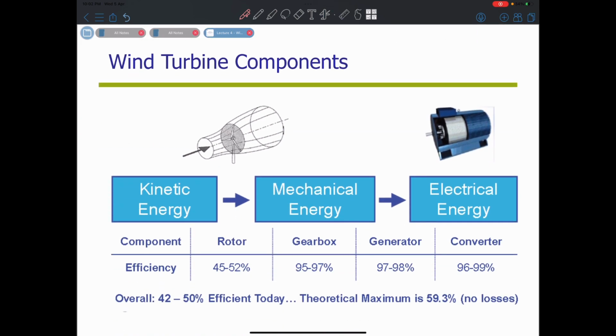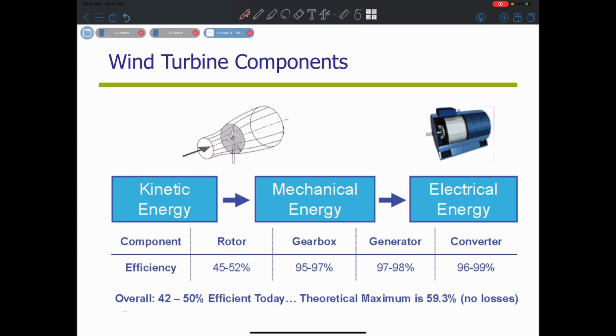Now for the wind turbine components. As we know, the principal working of the wind turbine is that in the beginning it's kinetic energy, then it converts to mechanical energy, and lastly to electrical energy to produce electricity.